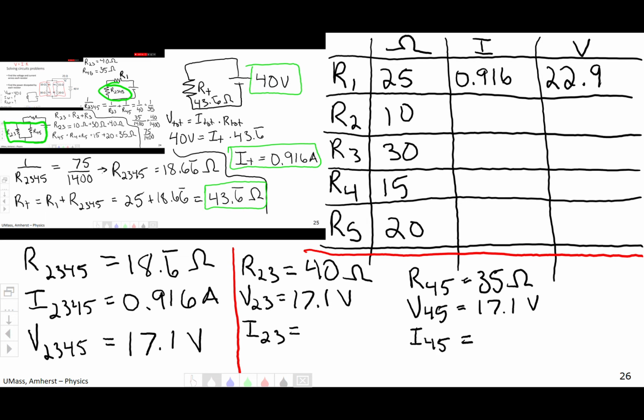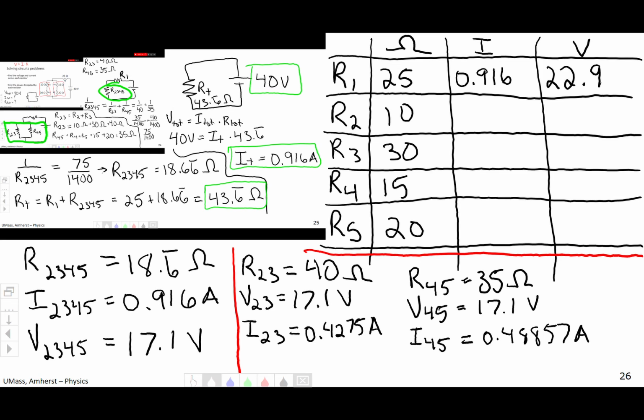That is going to be the voltage divided by the resistance. So this is 0.4275 amps, and this is 0.48857-some-odd amps.